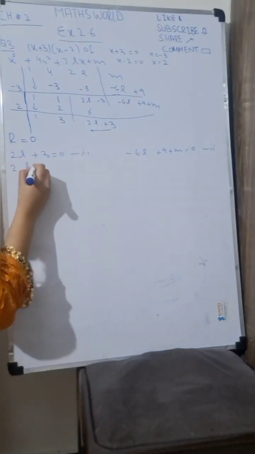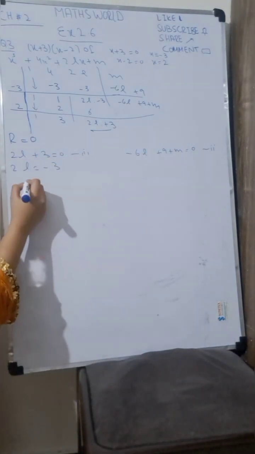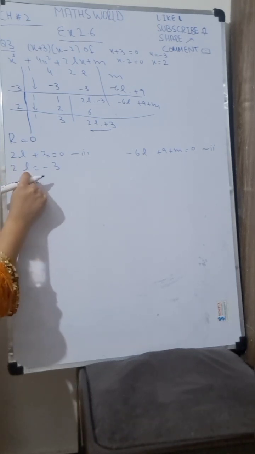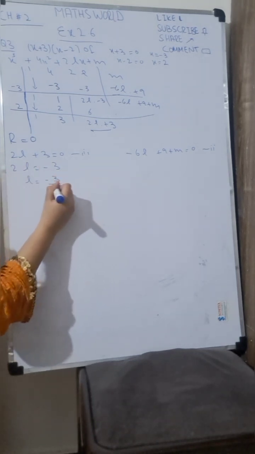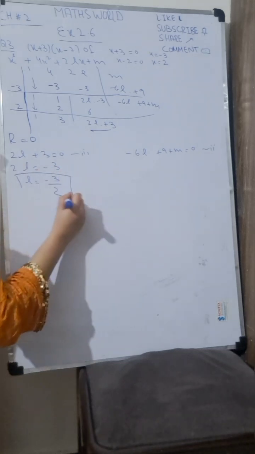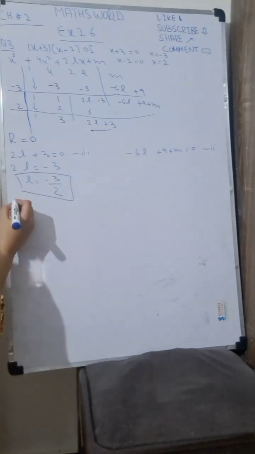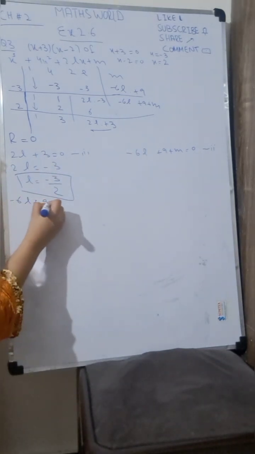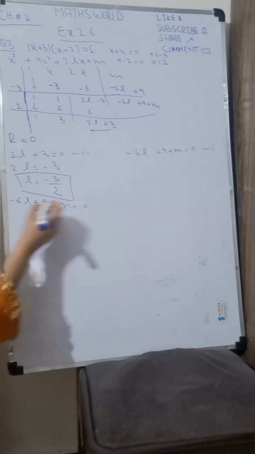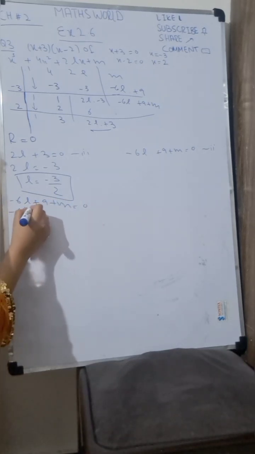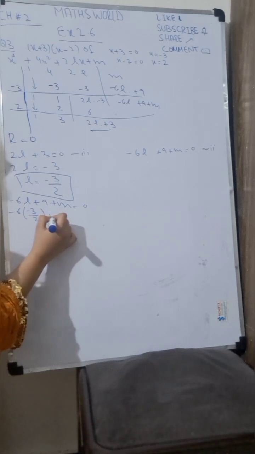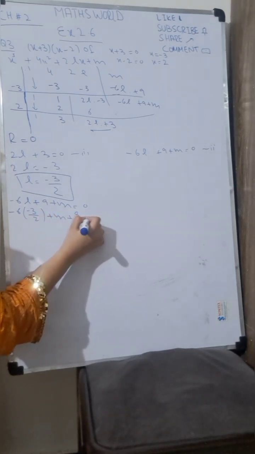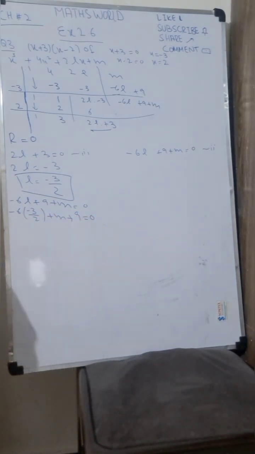So 2L is equal to minus 3. L is equal to minus 3 by 2. This is the value of L. Then the second equation: minus 6L plus 9 plus m is equal to 0. Minus 6, L value is minus 3 by 2, plus 9 plus m is equal to 0.